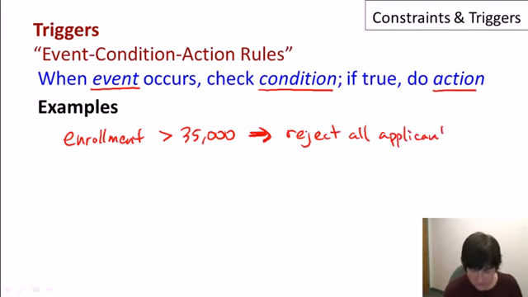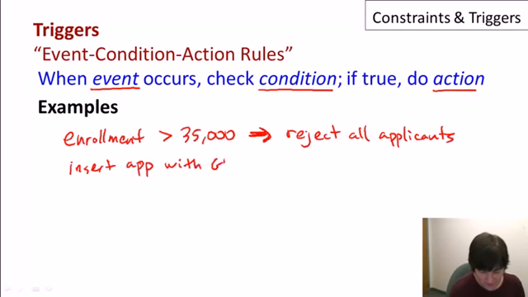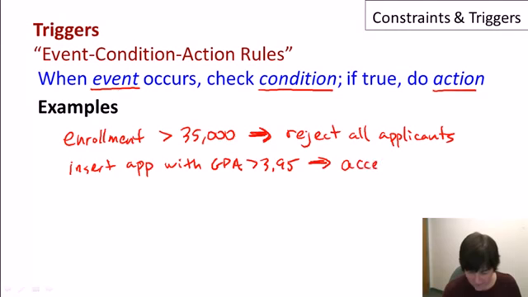So we can code that in a trigger, and it's a little different than a constraint. We might write another trigger that says if we insert an application with a GPA, say, greater than 3.95, then again, this is not implication, but triggering an action, we might accept automatically that applicant.